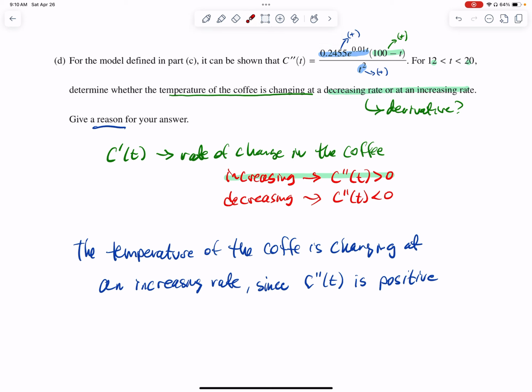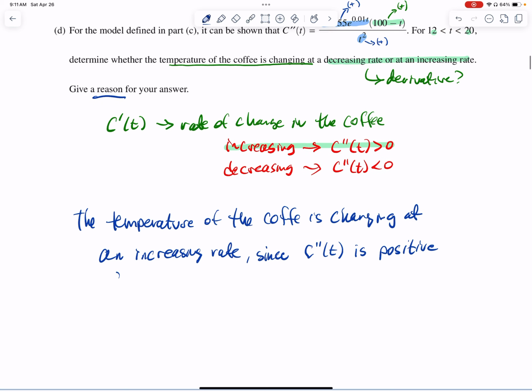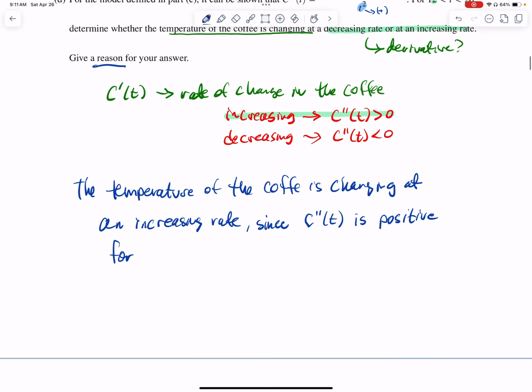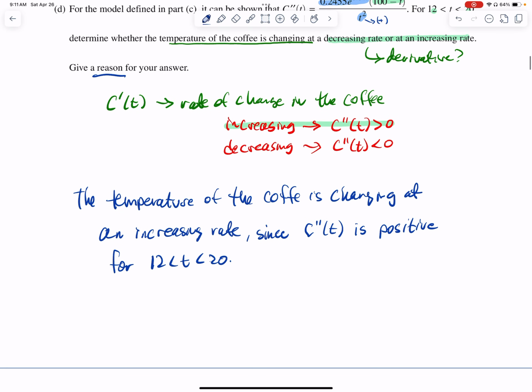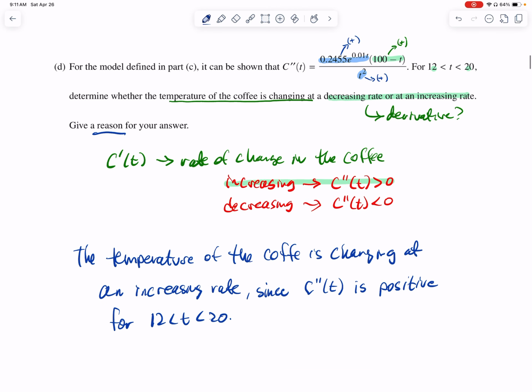I want to say that it's over this interval here. It's positive for 12 is less than T, which is less than 20. Temperature of the coffee is changing at an increasing rate since C double prime of T is positive for that interval. Okay, and then I think this is our last point here, so +1.